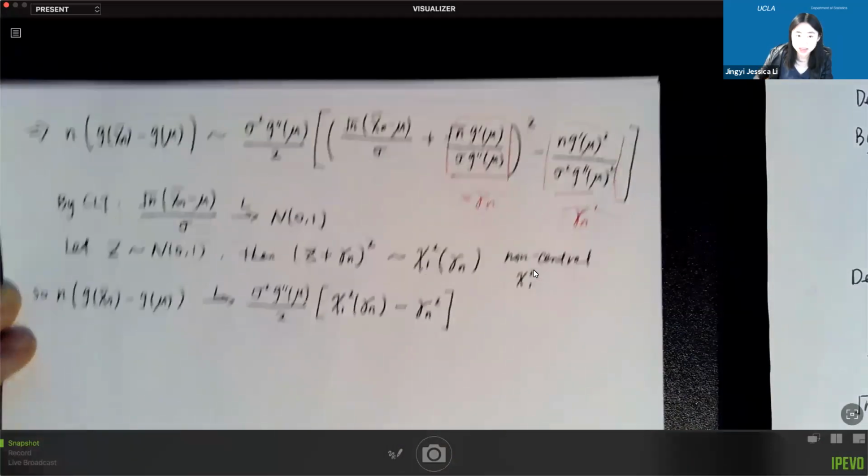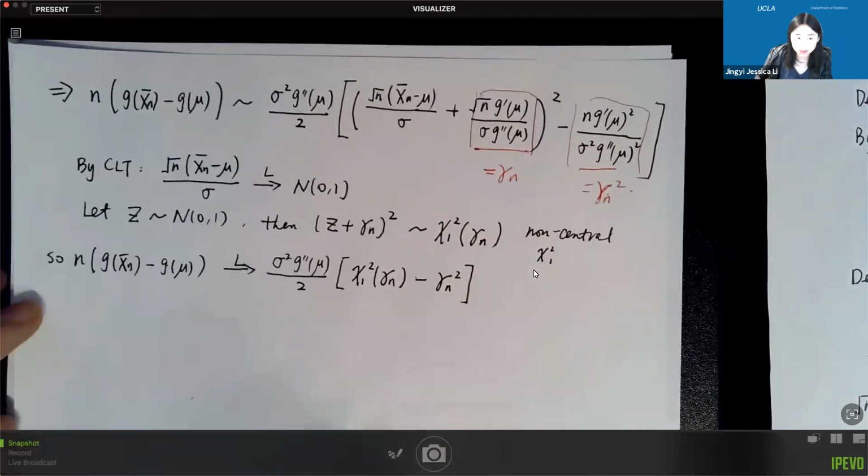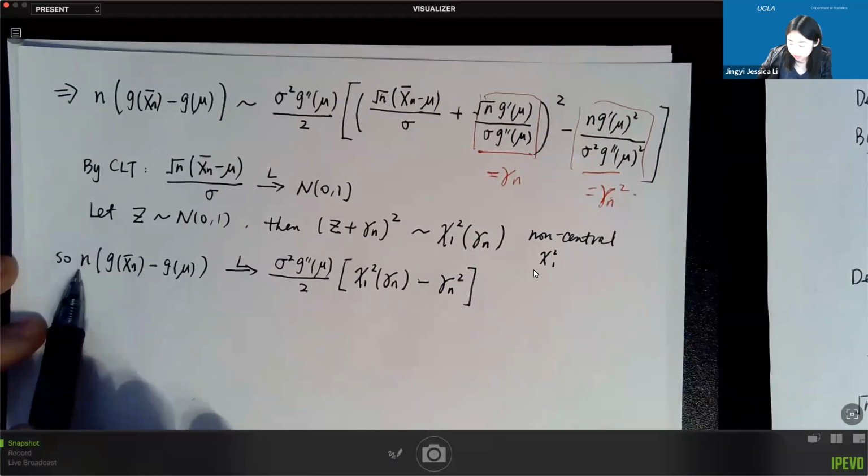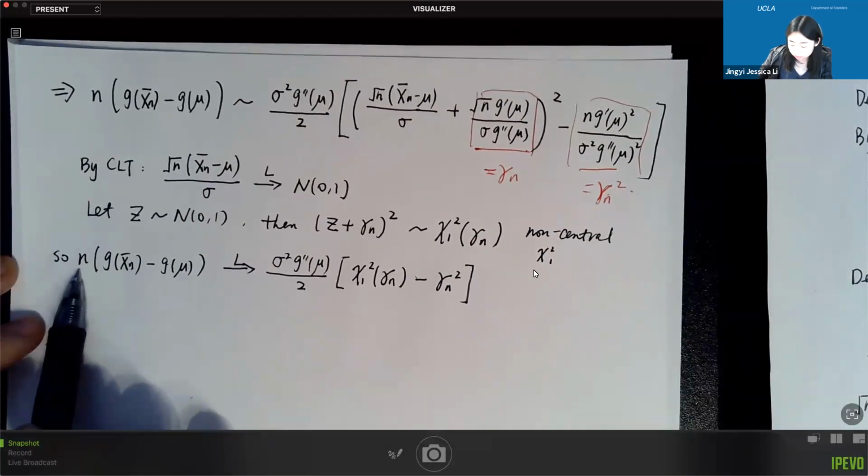So you see now the asymptotic distribution has a constant n here instead of root n.